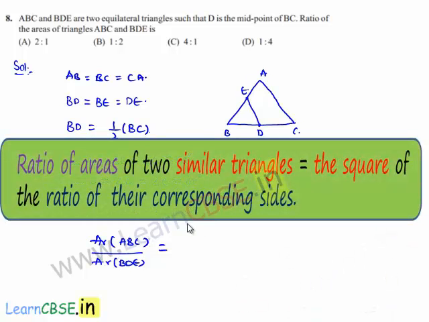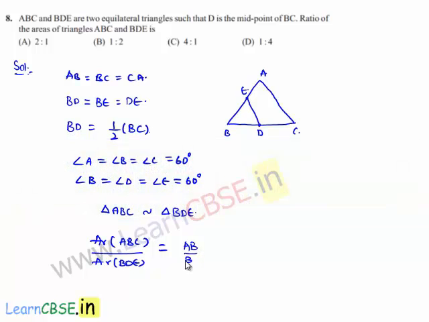We know that when two triangles are similar, then the ratio of area of both the triangles will be equal to the ratio of squares of the corresponding sides, that is here corresponding sides are AB by BD whole square, that is equal to AB is nothing but BC divided by BD, we know that half BC whole square, that is equal to, by interchanging, BC will be cancelled and 2 will be going to 2 square, that is equal to 4.